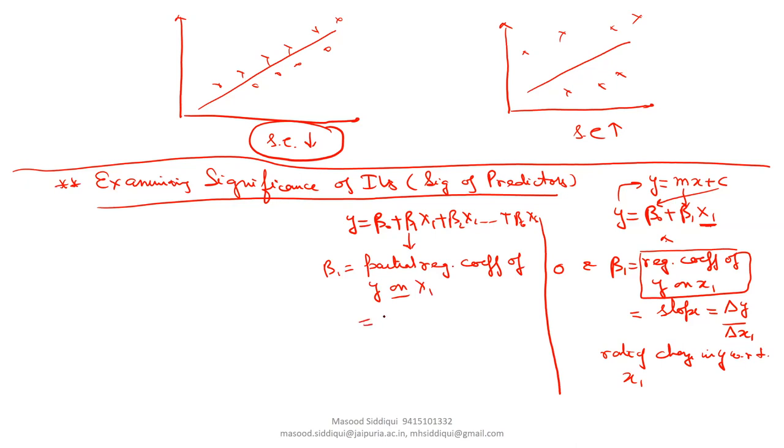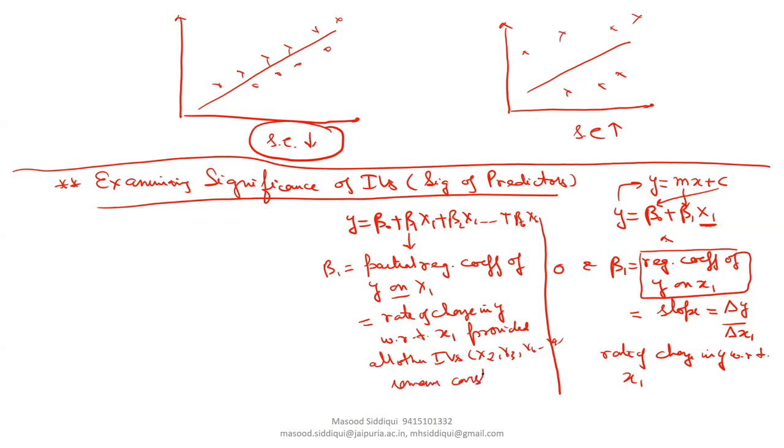It means the rate of change in y, just like the bivariate case, with respect to x1, provided, this is the catch, all other independent variables, x2, x3, x4 up to x6, remain constant.